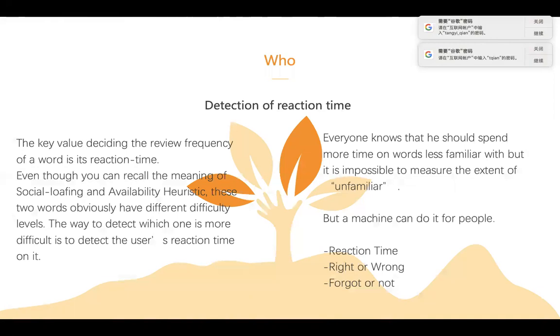Everyone knows that he should spend more time on words less familiar, but it is impossible to measure the extent of unfamiliarity. So I use a machine to do it for people. The machine can measure the reaction time of words and also definitely get the answer of right or wrong.